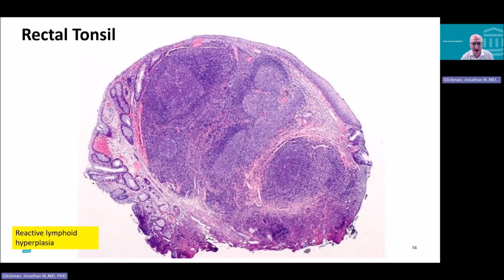Here's an example of a rectal tonsil or a reactive lymphoid hyperplasia. This is very well ordered, architecturally intact lymphoid tissue. So this may be excised as a nodule, but I think it's fairly easy to recognize this as benign lymphoid tissue.